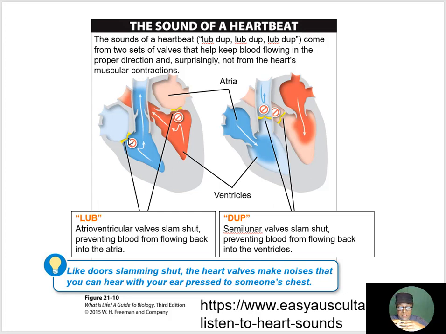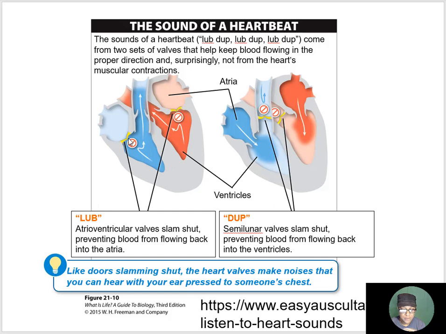But sometimes you can get a valve that is damaged, and so it will have a leak. And so what you can hear is as the valve closes because of that damage, when the heart pumps, you hear a shh sound. And that's exactly what it sounds like. So instead of lub-dub, you hear a shh-dub, shh-dub, shh-dub.